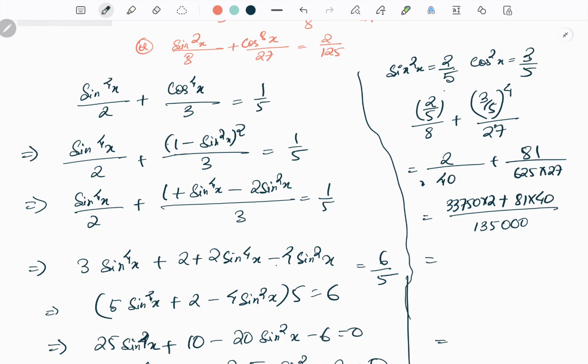So let's just do it. 33,750 into 2 is 67,500 plus 3240, which gives 70740.